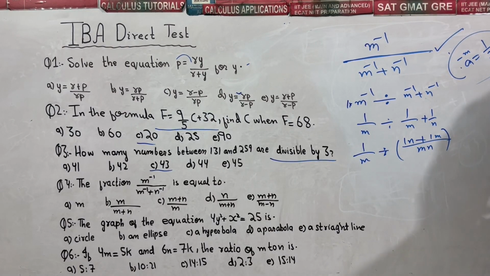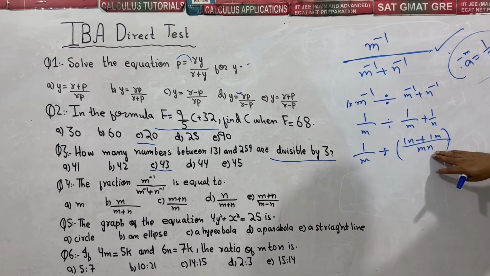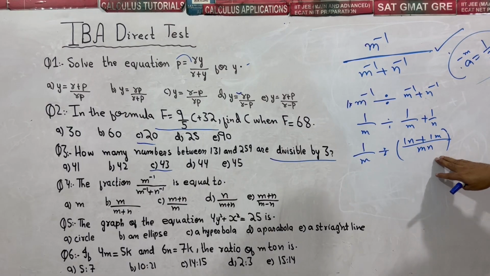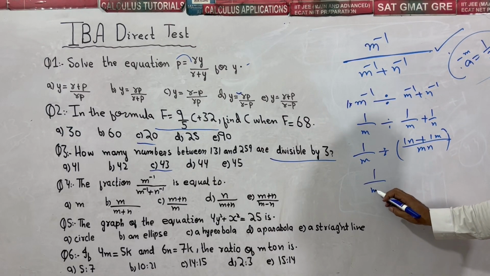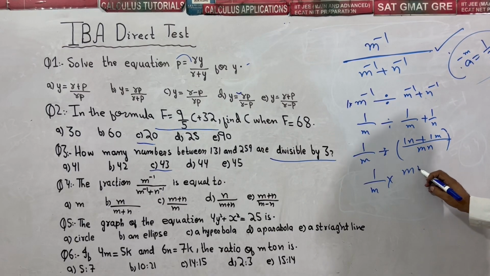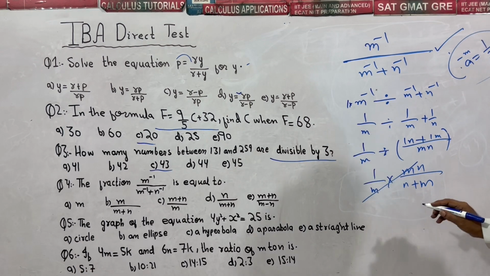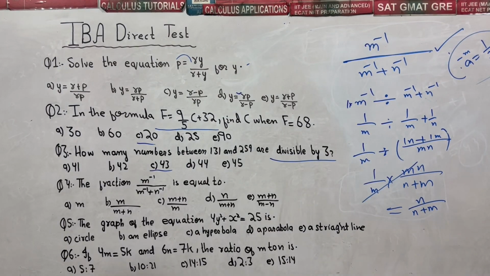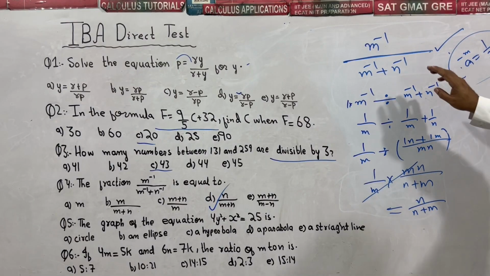Make the term after the division symbol reciprocal: numerator into denominator, denominator into numerator, or write the multiplicative inverse. 1 over m becomes m times n over n plus m. m cancelled out. So we have n divided by n plus m. That's our right option in that case.